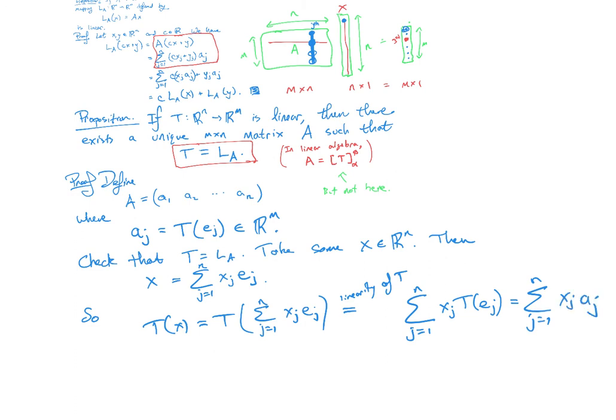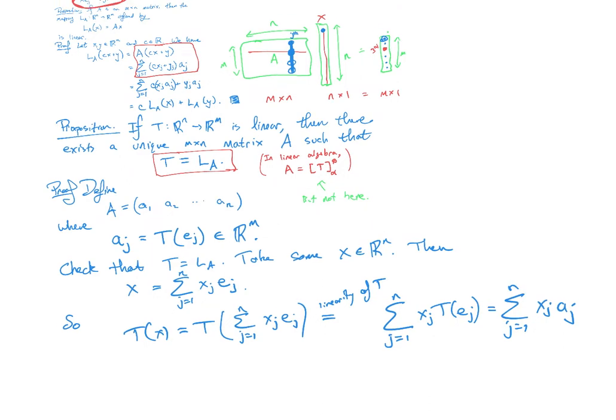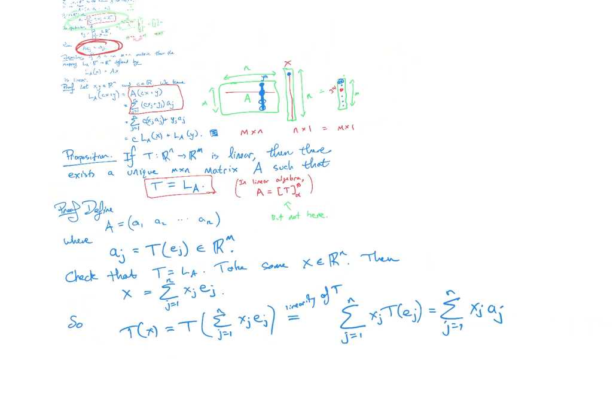Okay, let me turn on the lights for our last minute. And what do we have here? That's the product of A with x. Oh, Benjamin caught my mistake in the chat.